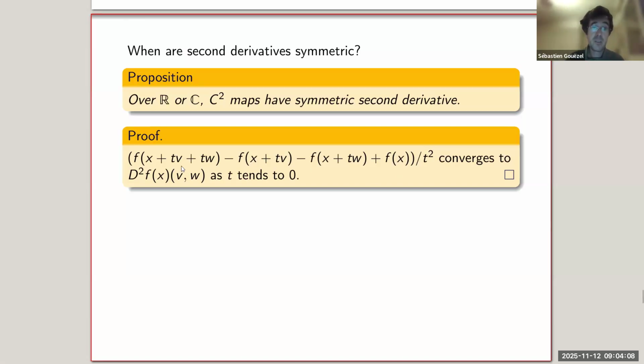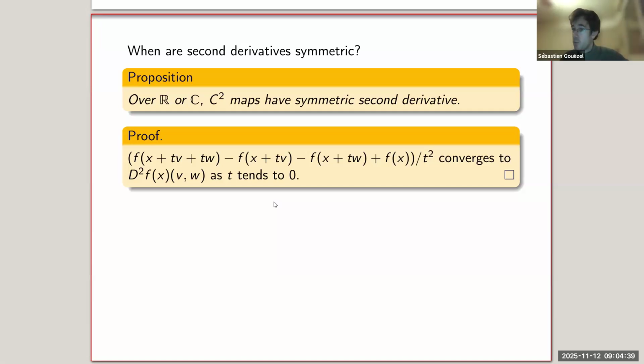You look at f of x plus tv plus tw, minus f of x plus tv, minus f of x plus tw, plus f of x, divided by t squared. And you do some Taylor expansion, and you check that this converges to the second derivative of f at x applied to v and w. And since this expression is symmetric in v and w, you pass to the limit and you get that d2f of (v,w) is the same as d2f of (w,v). So that's really simple over the reals or complexes.